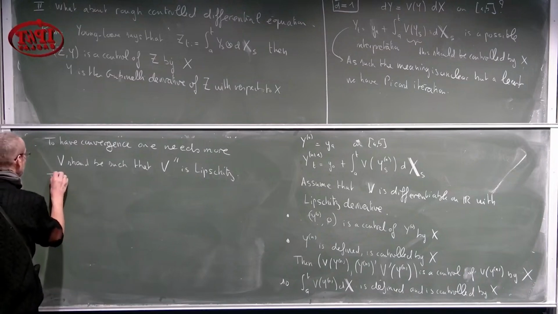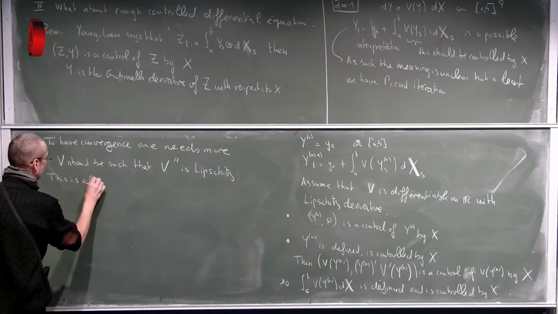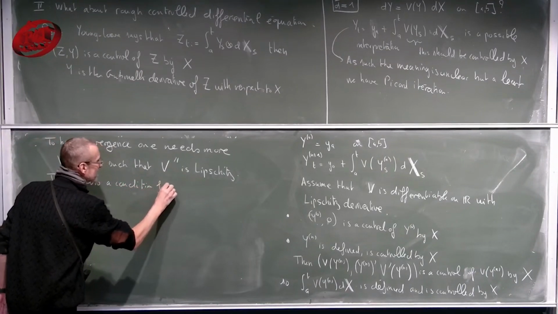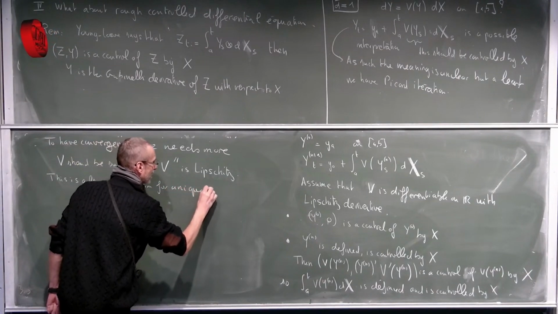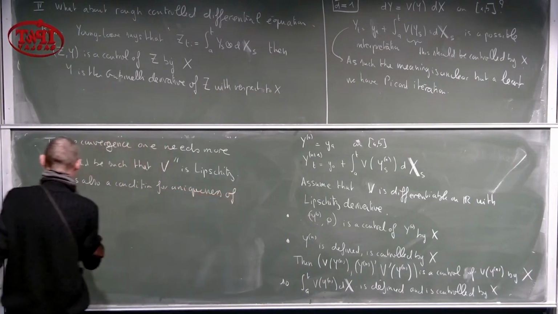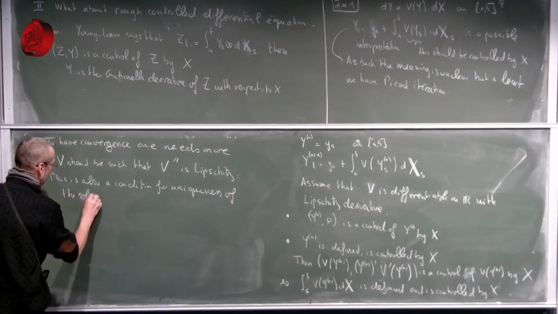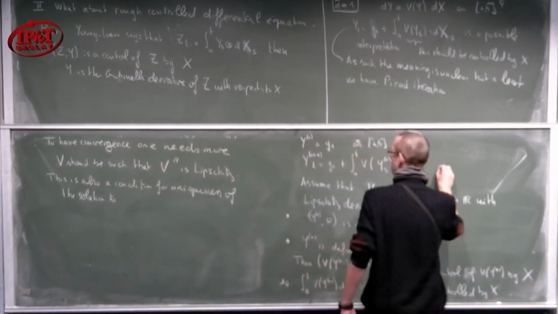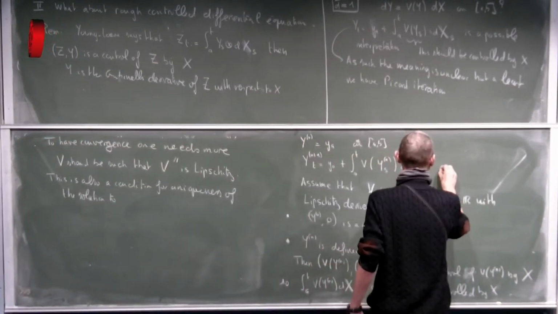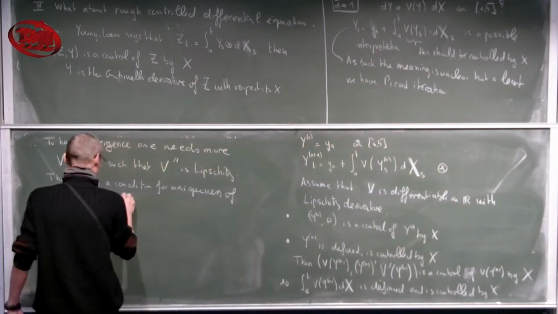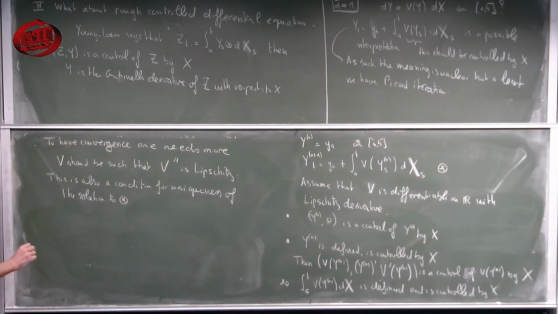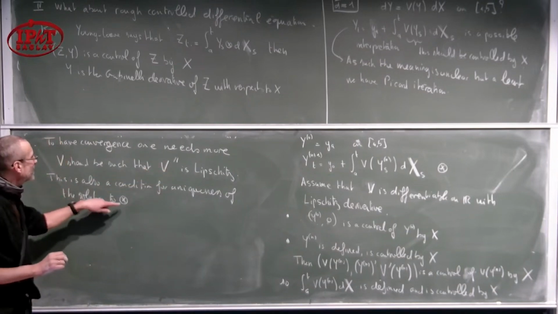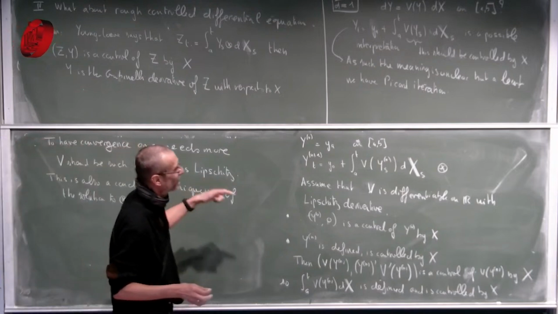And this is also a condition for uniqueness of the solution. And for me, it's not totally obvious to decipher that really you need the second derivative, and also uniqueness is something where I have a little problem with.